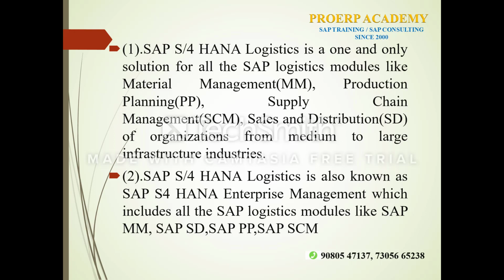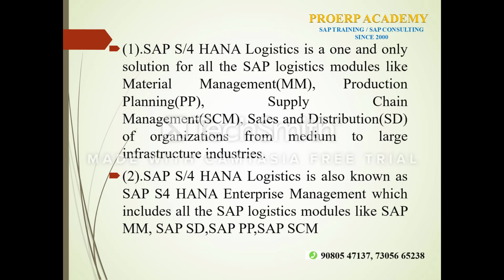First and foremost point, once again: SAP S/4HANA Logistics is the one and only solution for all the SAP logistics modules, which includes the material management module, followed by the production planning module, followed by the supply chain management module, and also the sales and distribution module of organizations from medium to large infrastructure industries.